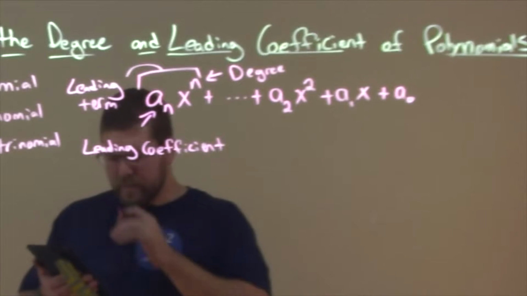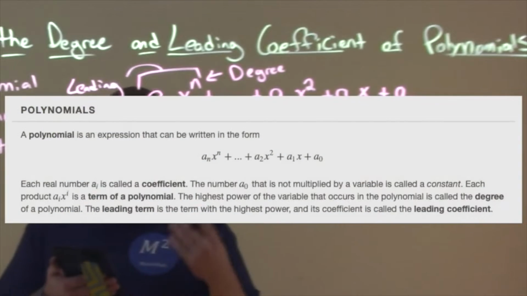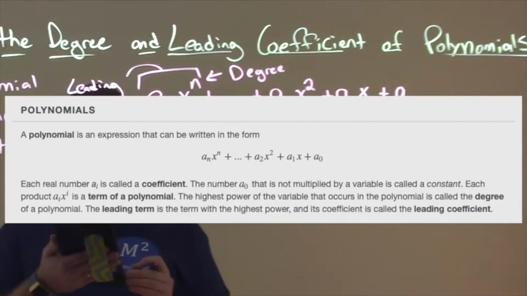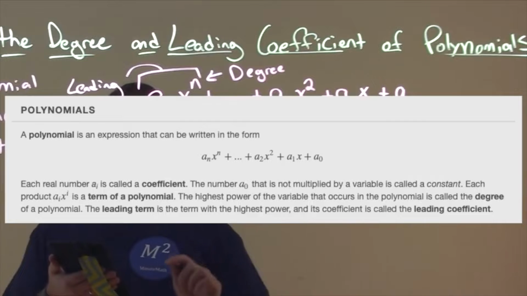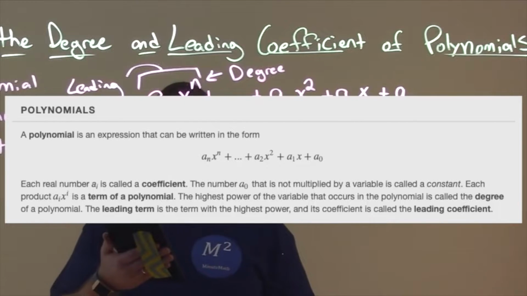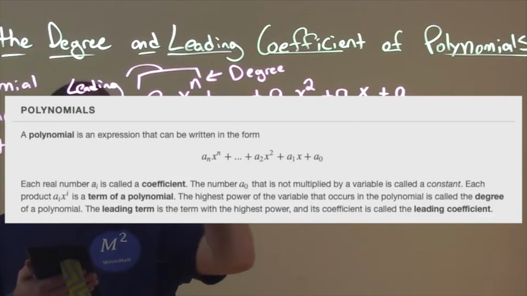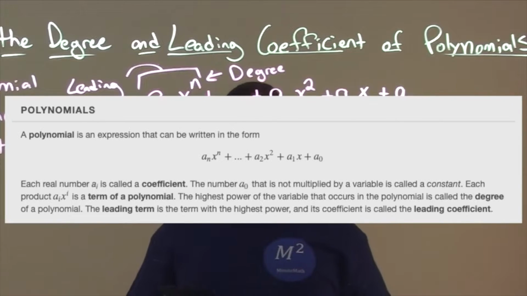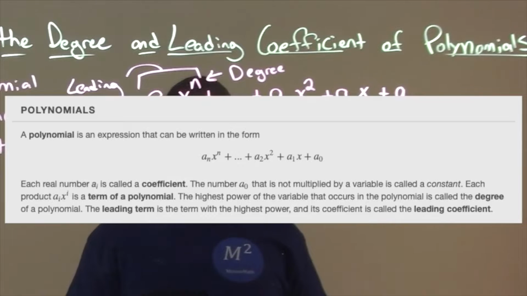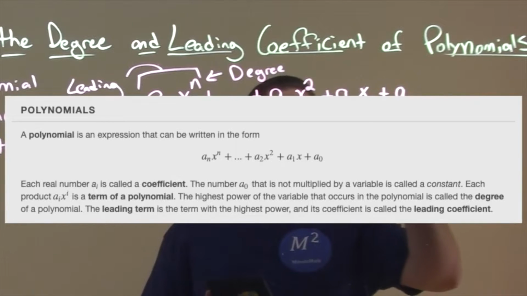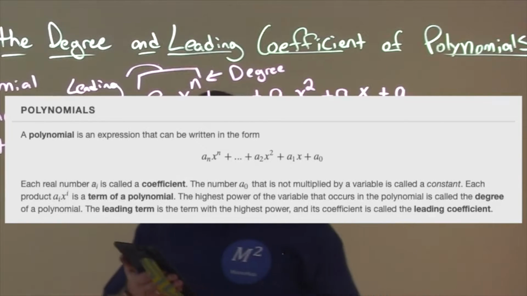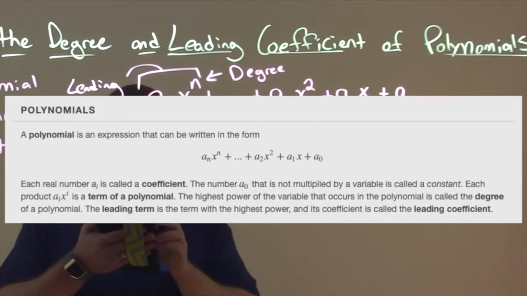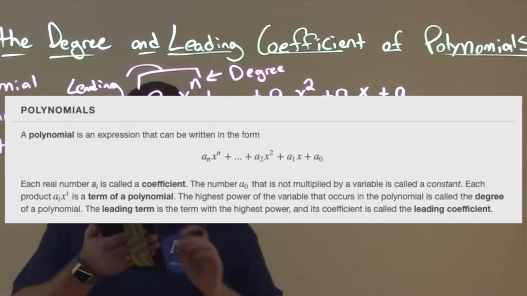So, a little definition here for polynomials. A polynomial is an expression that can be written in this form: a sub n x to the nth power plus dot dot dot plus a sub 2 x to the second power plus a sub 1 x to the first power plus a sub 0. Each real number a sub i is called a coefficient.